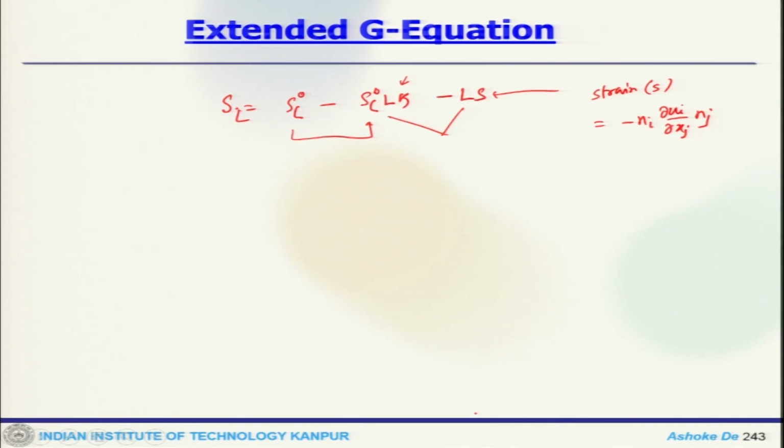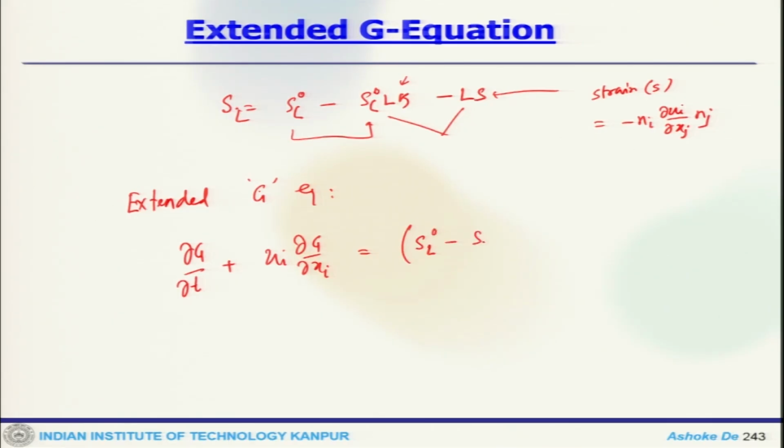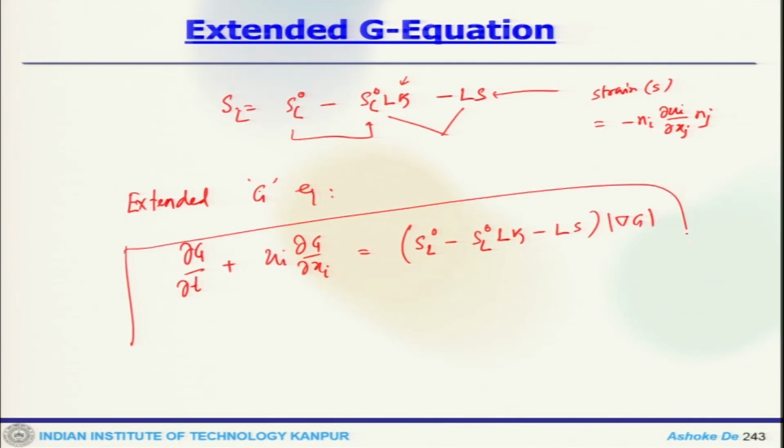Now using this expression, the extended G equation one can write, which will look like del G by del T plus u_i del G by del xi equals SL naught minus SL naught L kappa minus LS times magnitude of delta G. So this is your extended equation, because we use an expression of modified burning velocity.